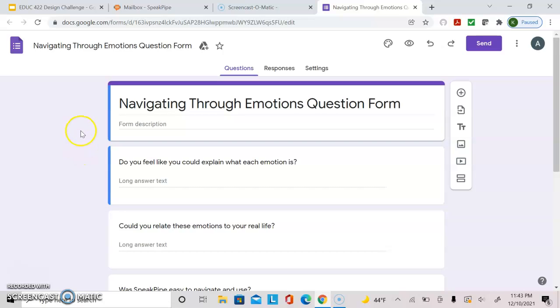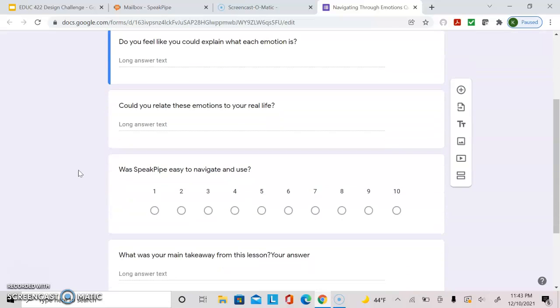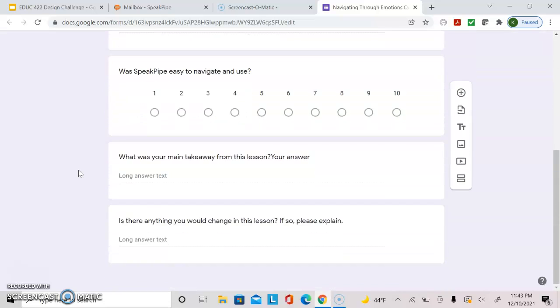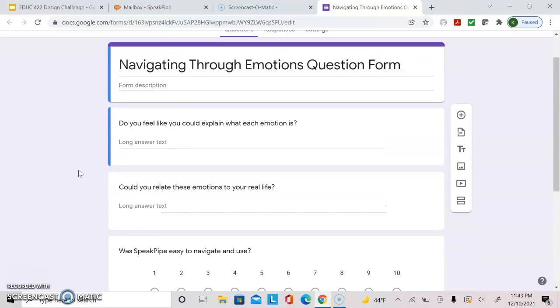So this would be an opportunity for them to show me that they were following along with the movie and the class discussion, and they were able to connect it to themselves. Then I also have questions about SpeakPipe and their takeaways from the lesson.